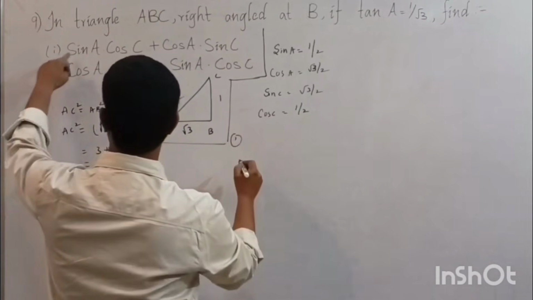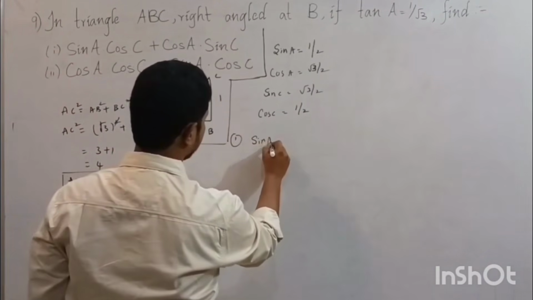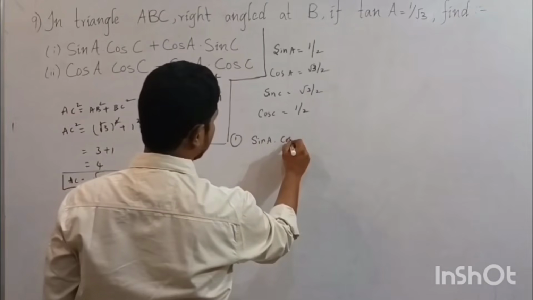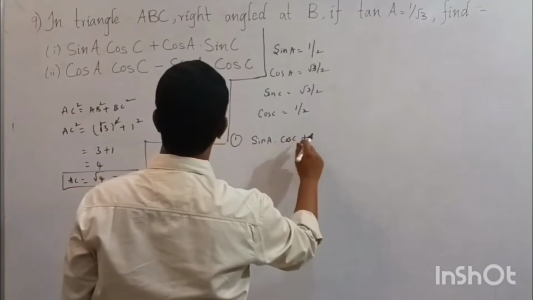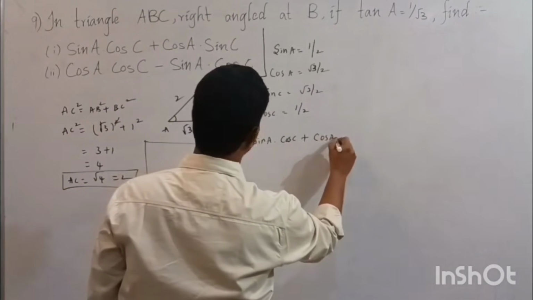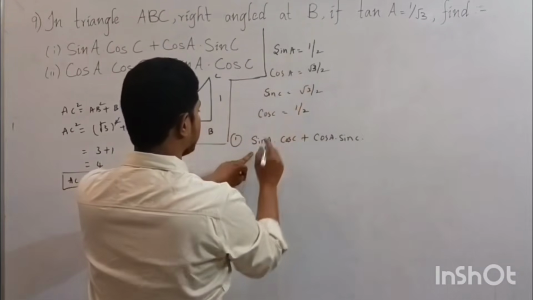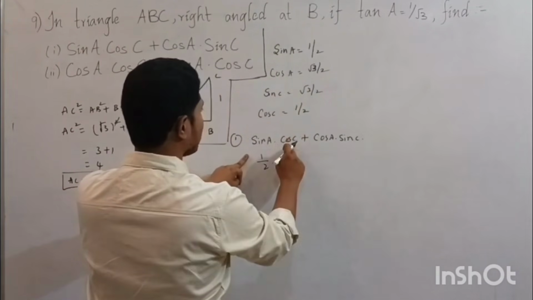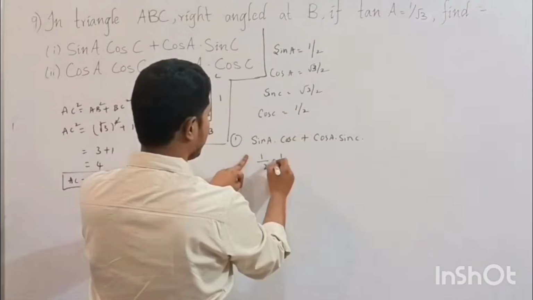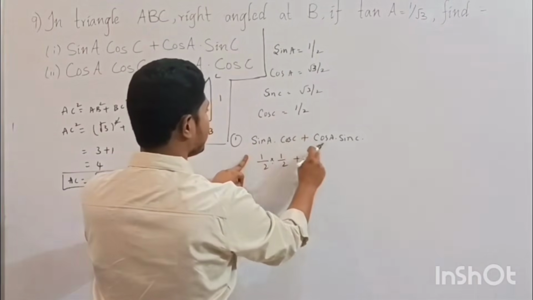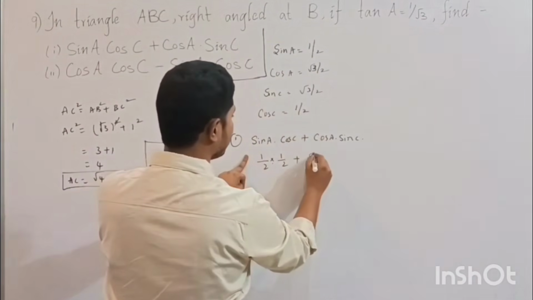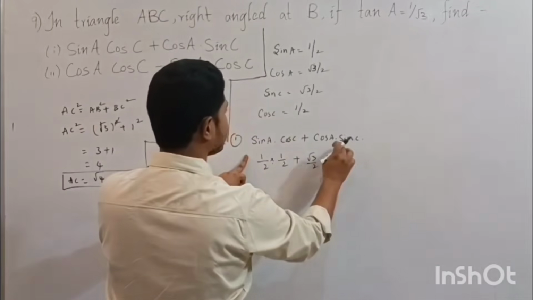Question number 1 is sin A cos C plus cos A sin C. What is sin A? Sin A is equal to 1 by 2. What is cos C? Cos C is equal to 1 by 2. Plus, what is cos A? Cos A is equal to root 3 by 2. What is sin C?